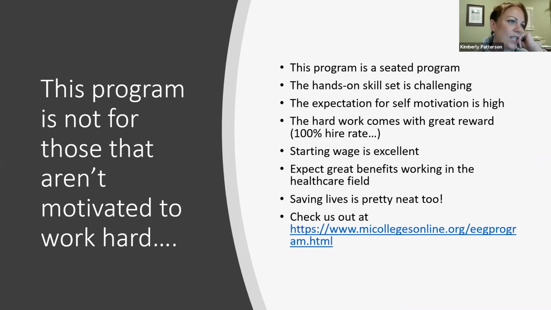Our starting wage is excellent. Our program takes about a year to complete after your prereqs. My students start out between $22 and $25 an hour. After their registry, they can expect to get about a 5% raise and then continue to move upwards from there.